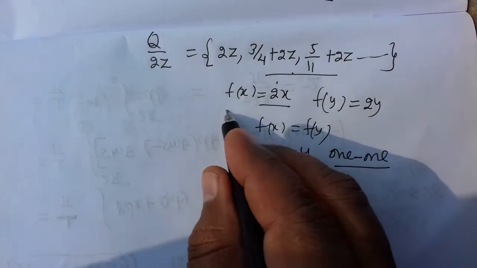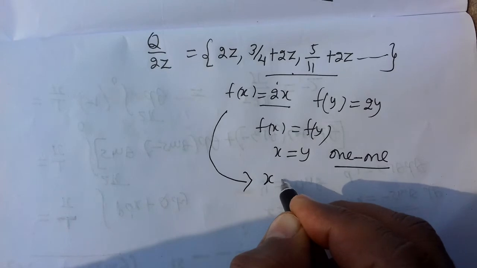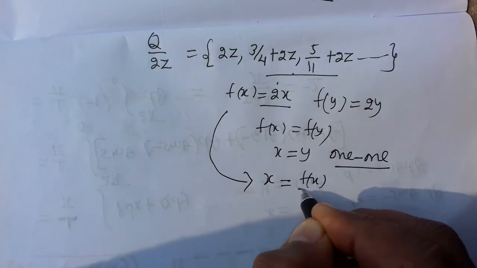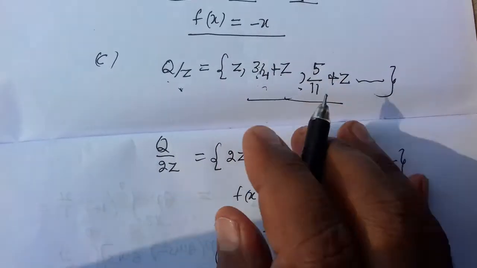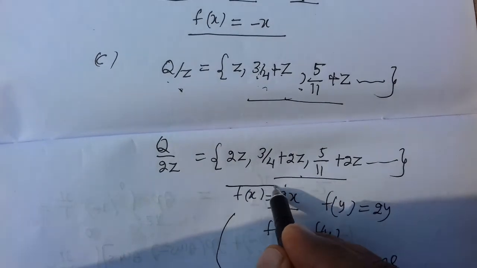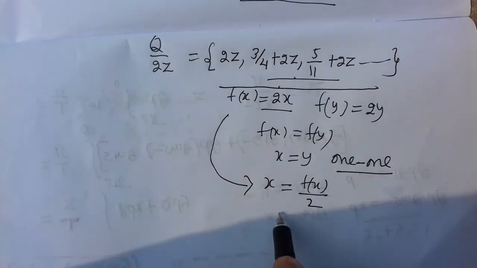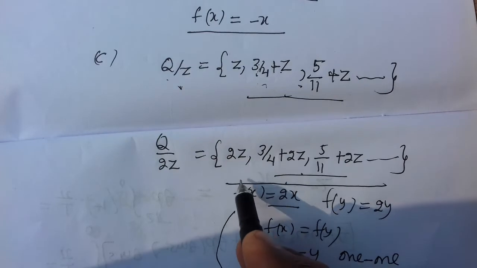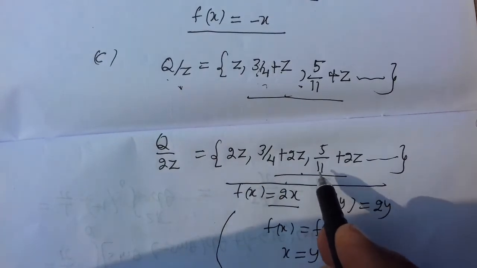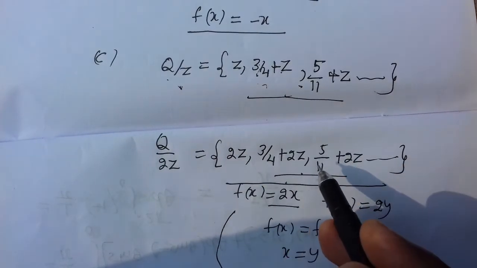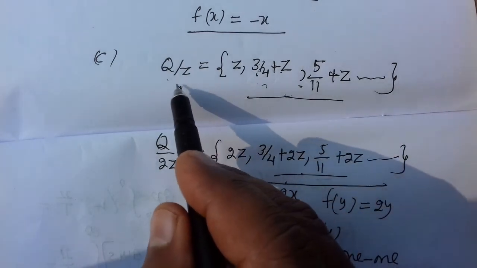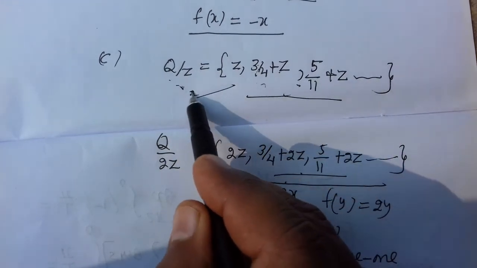For onto, here x becomes f(x)/2. This means that f(x) means in this group, if you divide this by 2, then you will get a rational number plus Z. This means that in this group, you are getting this group.